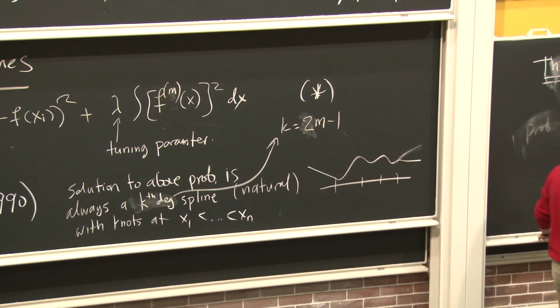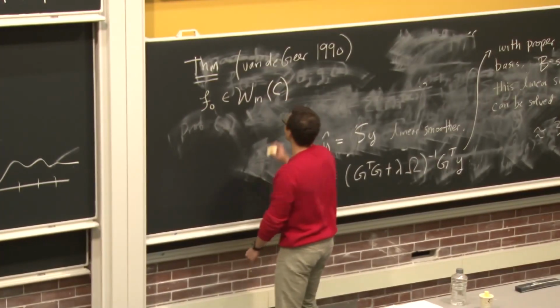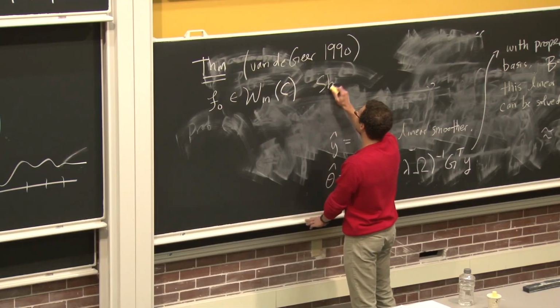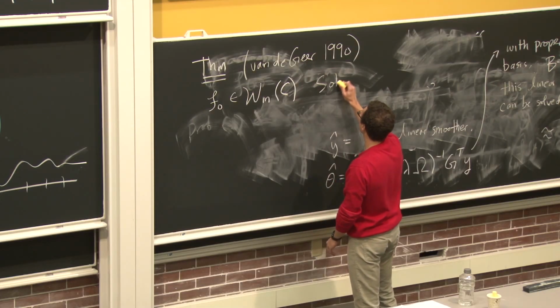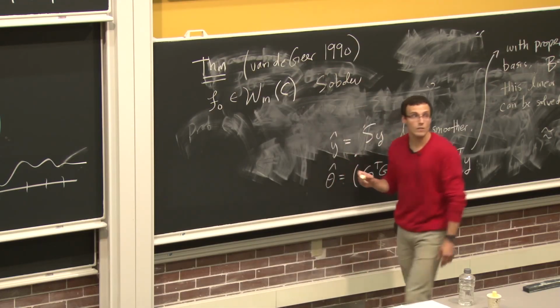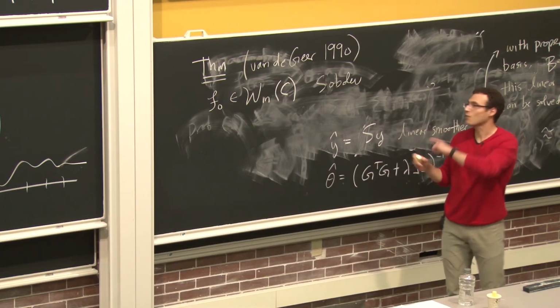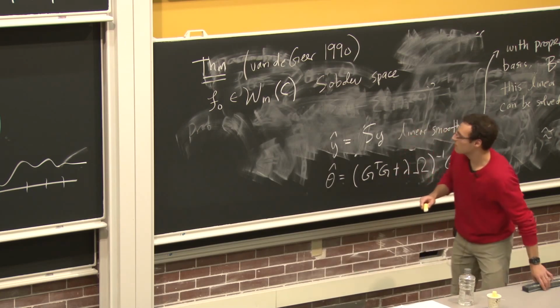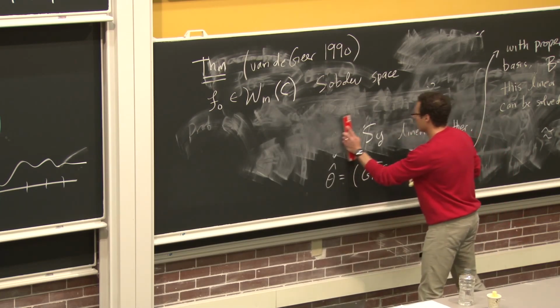So what Sara van de Geer proved is that if our true function, f0, is in a particular function space, which we're going to call W_m of a constant c, this is called the space of Sobolev functions. Did you guys study these function spaces? Oh, great. So now you can see why these function spaces are important.